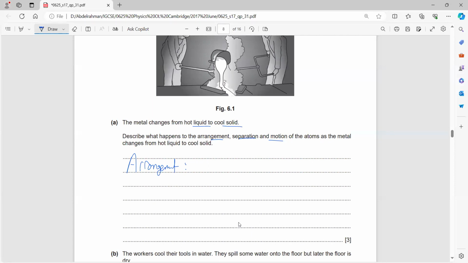Arrangement. It was irregularly arranged. Irregular to regular, or you can say fixed. What about the separation?